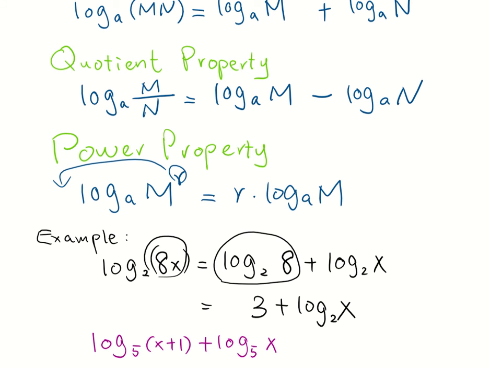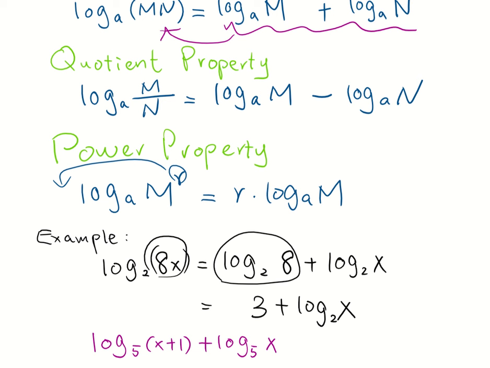Another example. If you're given the sum of two logs, log base 5 of x plus 1 plus log with base 5 of x, we can use the product rule to write this expression as one log. It's kind of like we start from the right side of the property and move to the left side of the property.